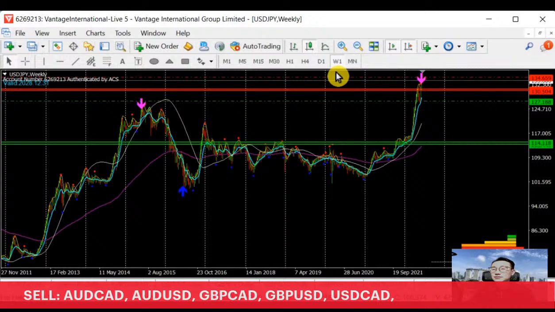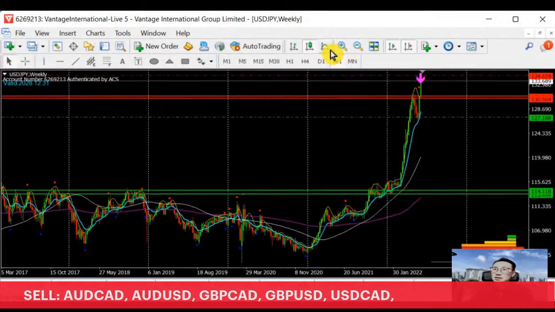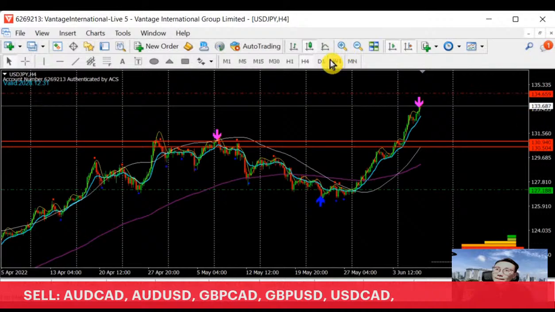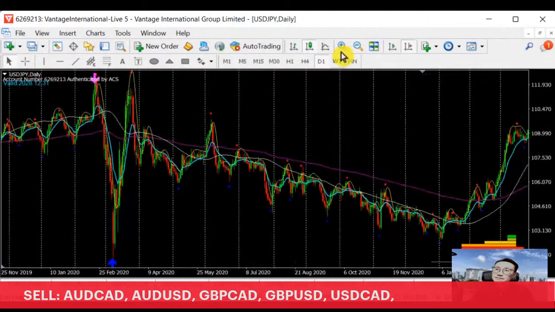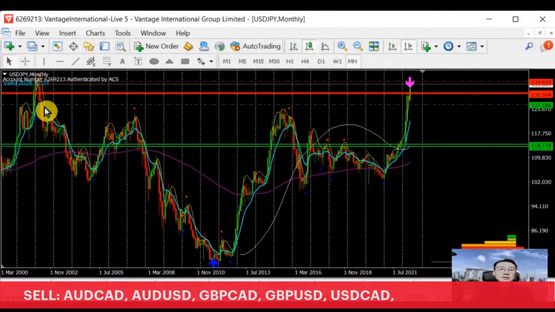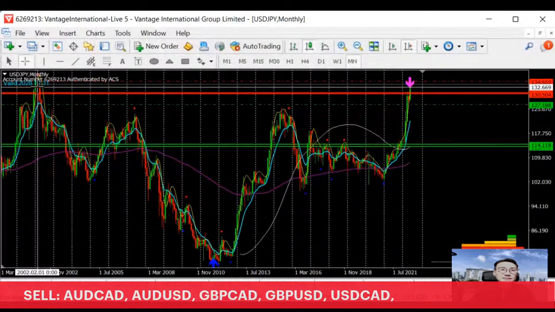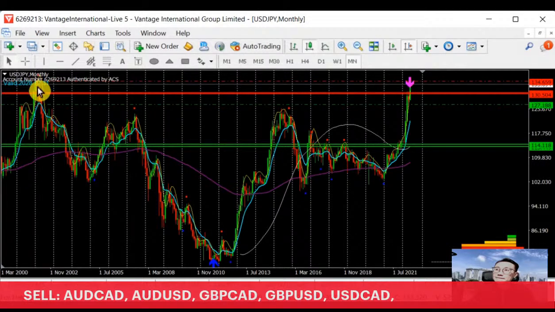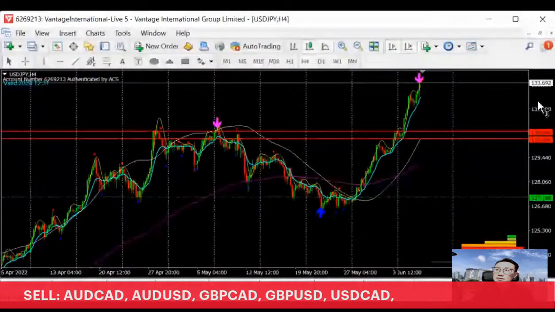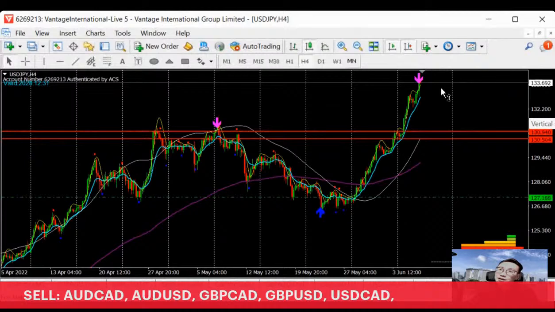Dollar is pretty strong for sell. For selling, right. So let's see. 135.